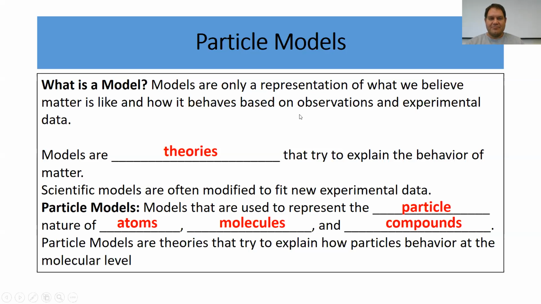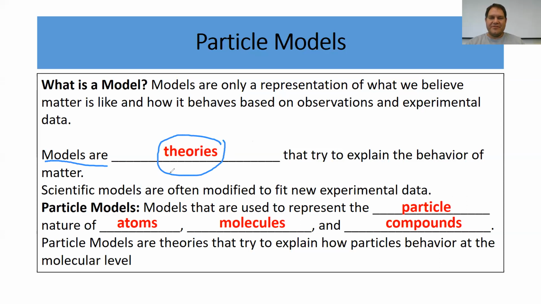So what are some things that we need to know about these particle models? I'll show you what they look like in just a moment. But all models, in fact, in science are just theories. And a theory is basically something that tries to explain the behavior of matter, why it acts the way it does.